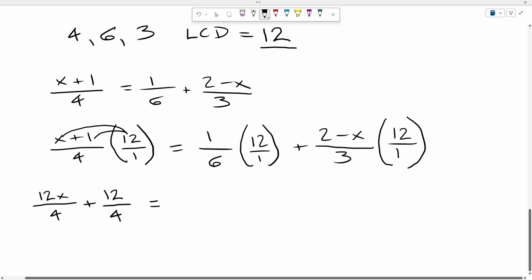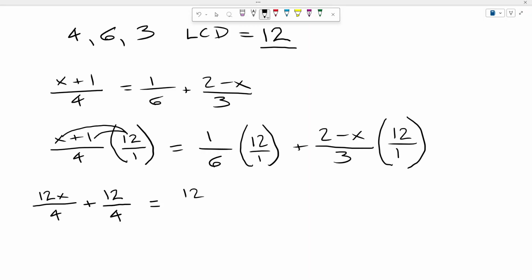And then equal to. The nice thing about multiplying fractions, in case you didn't know, is that we can just multiply the numerators and the denominators. So 12 times 1 is 12, and on the bottom, the denominator, 6 times 1 is 6. Then we're going to do the same thing that we did over here and split this into two fractions.